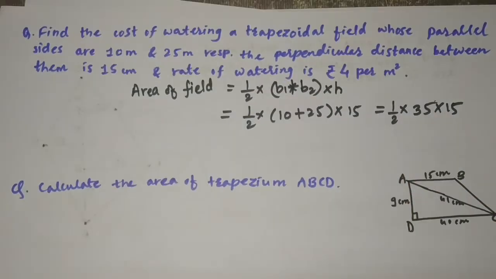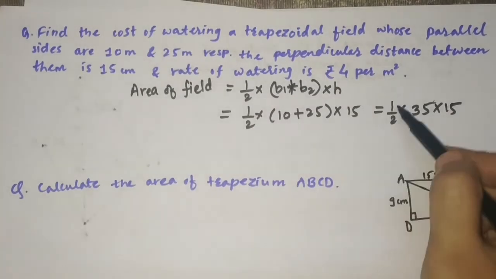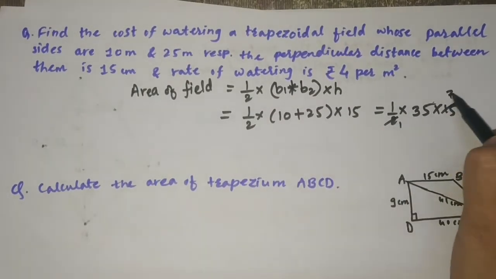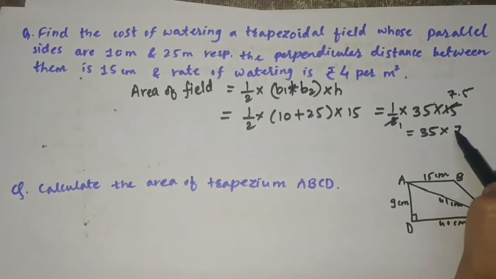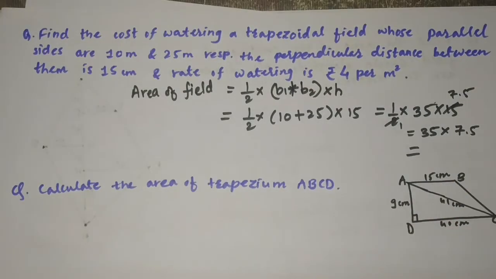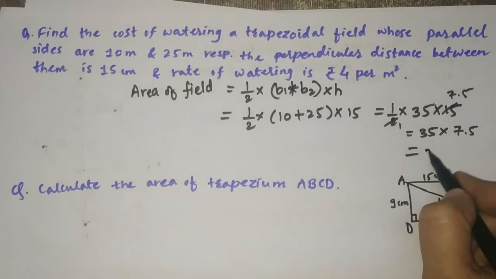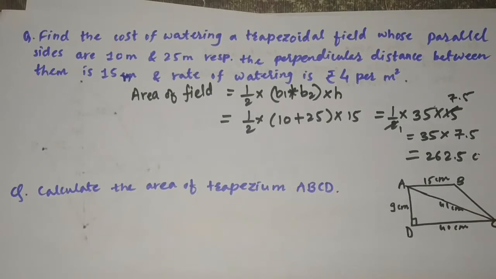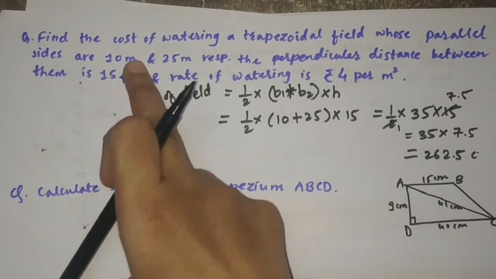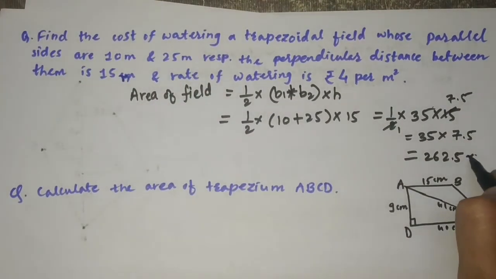Just do the addition here. So here we'll do 2 ones are 2 and here we'll get 7.5. Now we'll multiply 35 with this 7.5. So we'll get an area of 262.5 meter square. I have taken all the 3 dimensions in meter, so it is meter square.